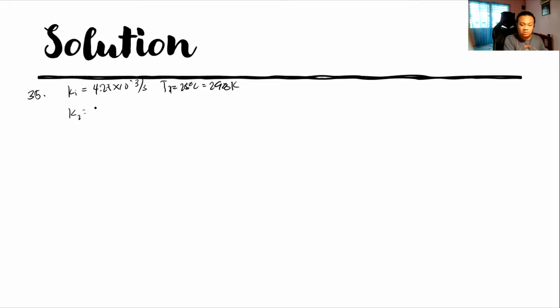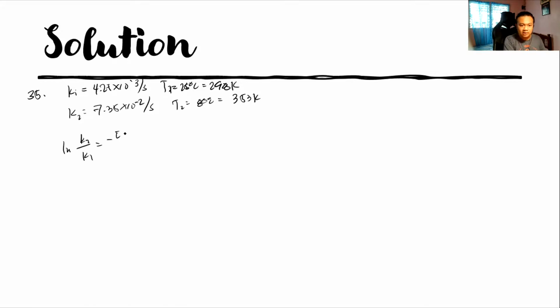And K2 is 7.35 times 10 to the negative 2 per second. This is at 80 degrees Celsius or 353 Kelvin. Okay, so let's use this equation.